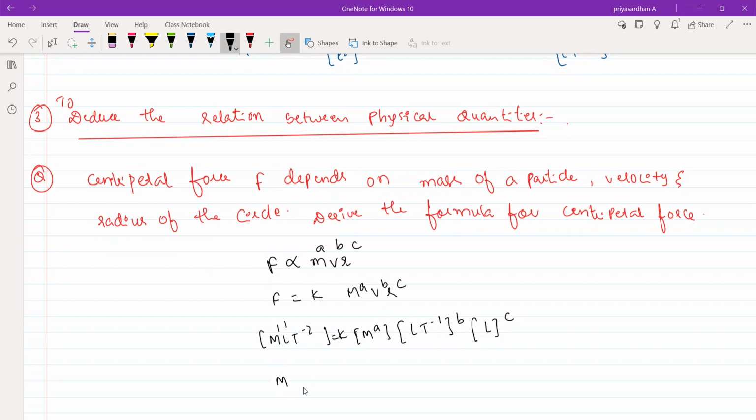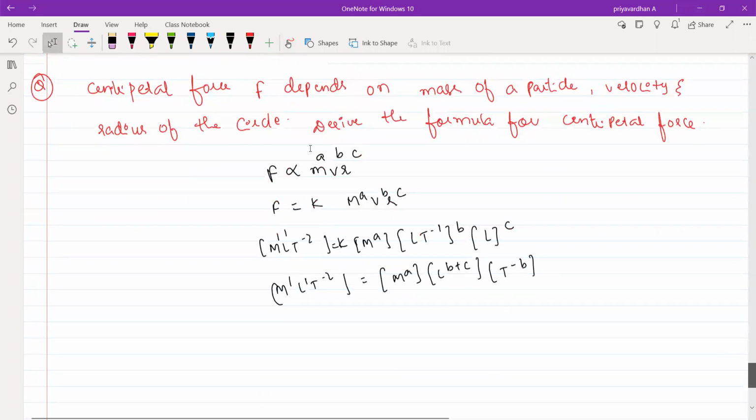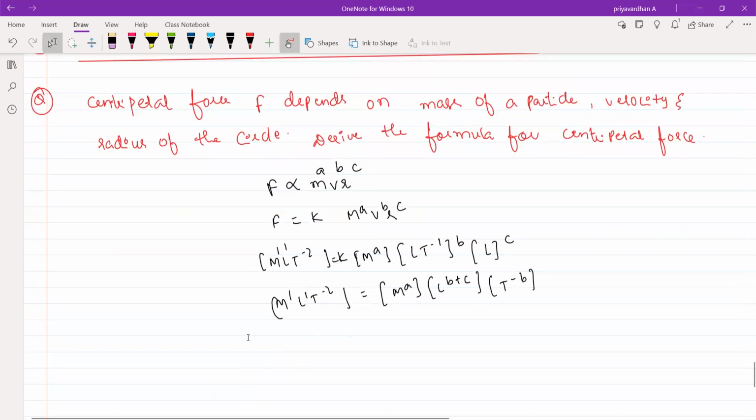Now, try to equate all the quantities of mass as well as length as well as time. M power 1, L power 1, T power minus 2, I'll have. My constant, I'm taking it as 1, M power A and L power B plus C and T power minus B. Just try to equate powers of the quantities.